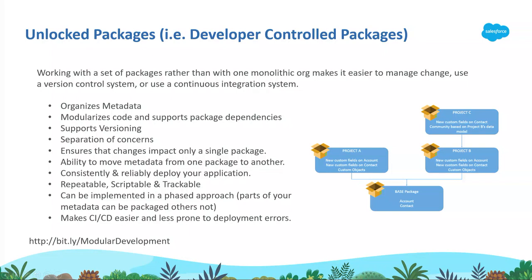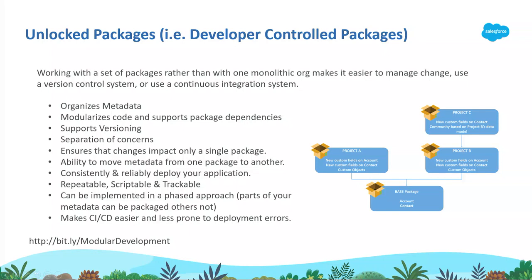Now, the key thing around Unlock Packages is that it's going to make your packages consistent, reliable, and deployable into any sort of environment. This lends itself well to CI/CD, where we're putting the code base into multiple different environments, and we don't want the deployments into these environments to fail.